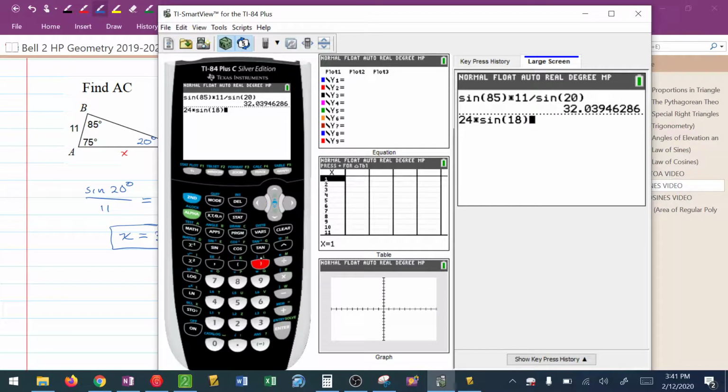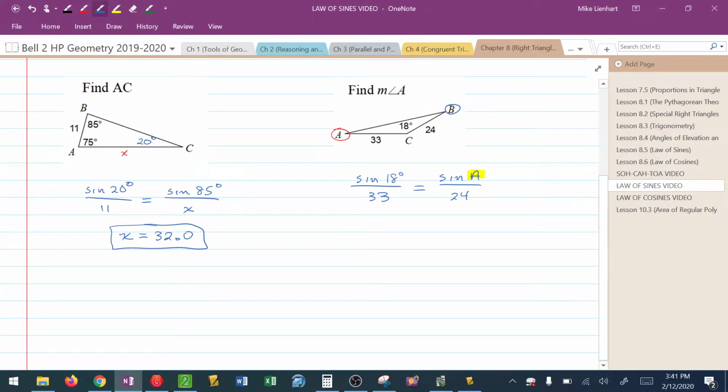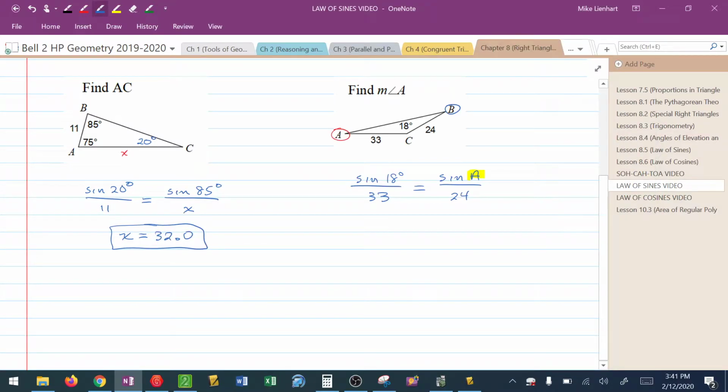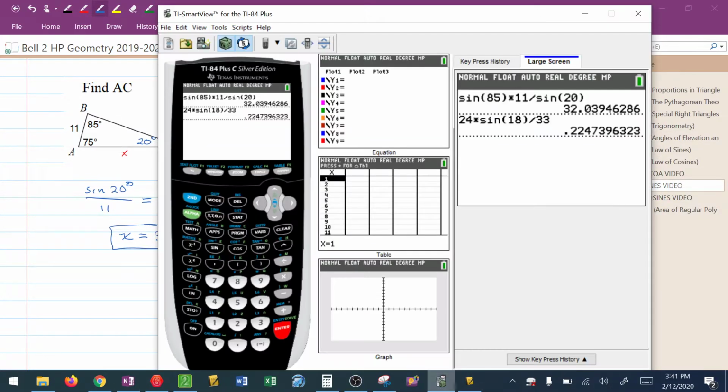Close it off, but I'm not done. I have to divide that by 33. Divide that by 33. And that gives me this decimal. This decimal is what the sine of angle A is equal to.